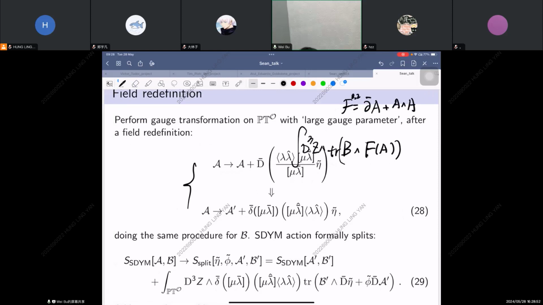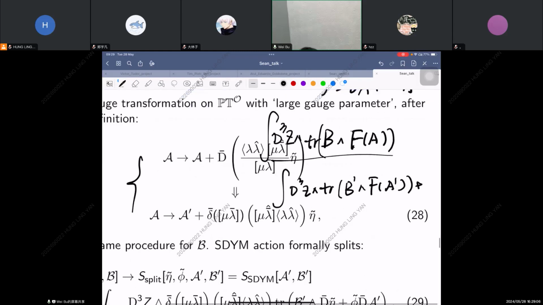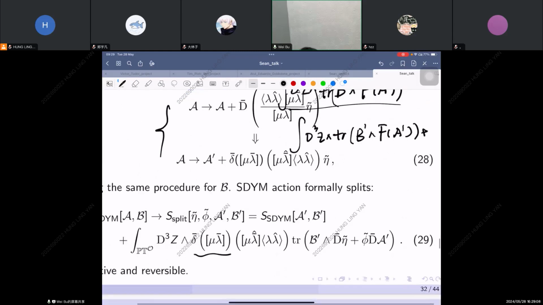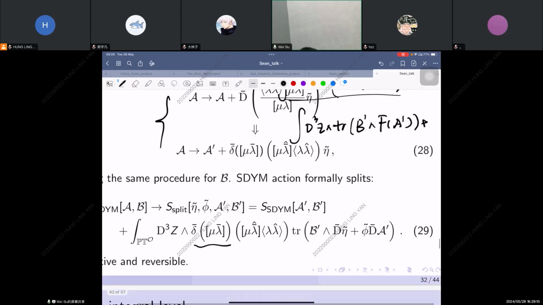This is the action you start with. And you do these gauge transformations, do the field redefinitions we were talking about, then you get one piece of the action, which is just a field redefinition of the original one, where A's and B's are replaced by A prime and B prime. And you get a second term, which contains the delta function, unsurprisingly.